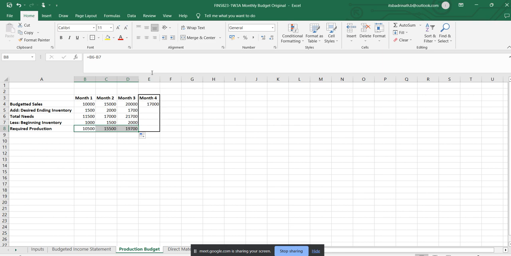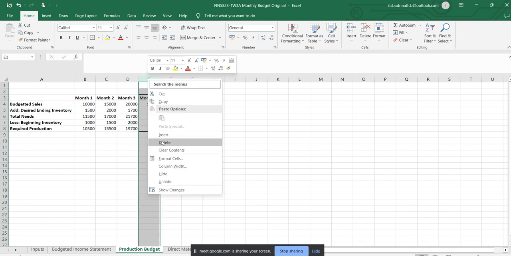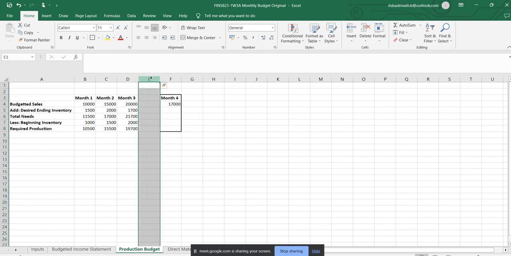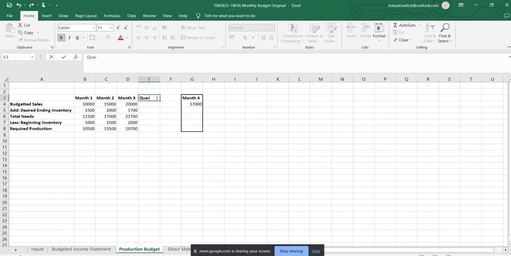Okay. So based on this, we have to prepare the quarterly budget value. What is the quarterly budget that we have to prepare here? Okay, so these 3 months, the units should be calculated, right?